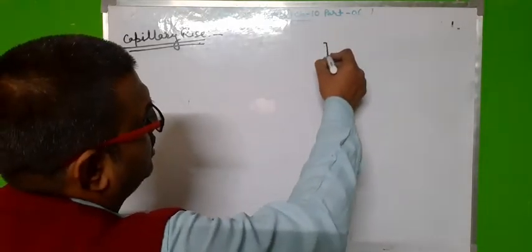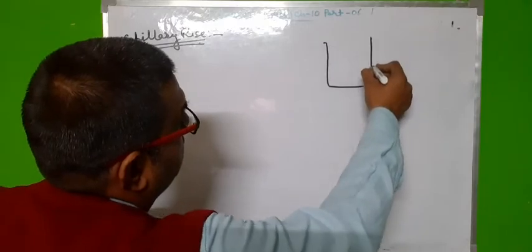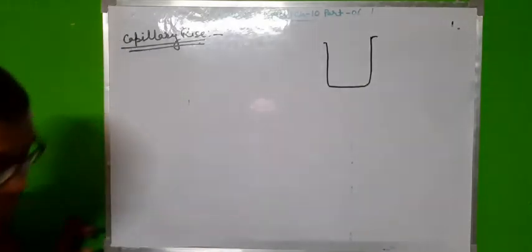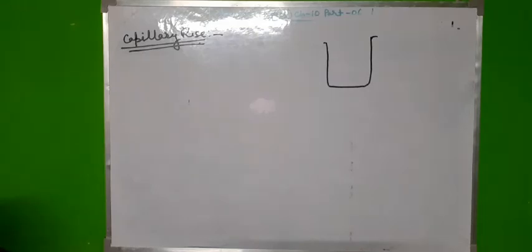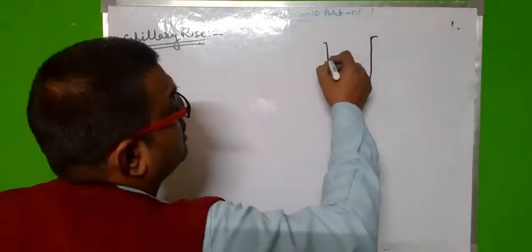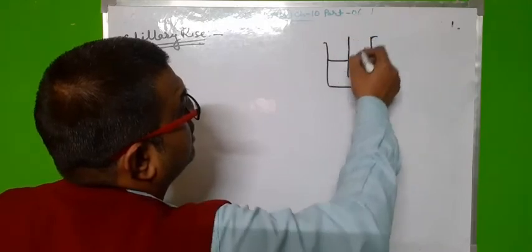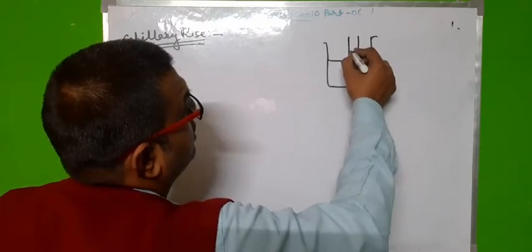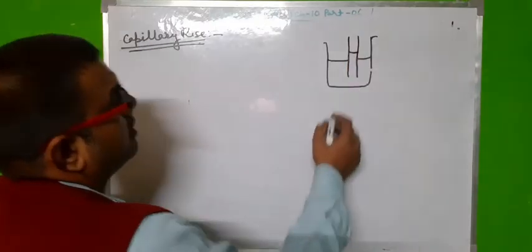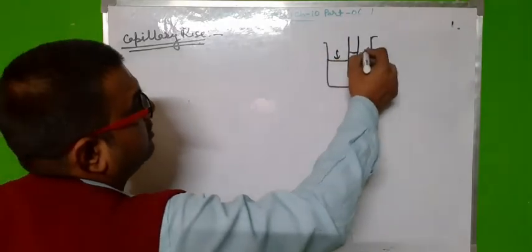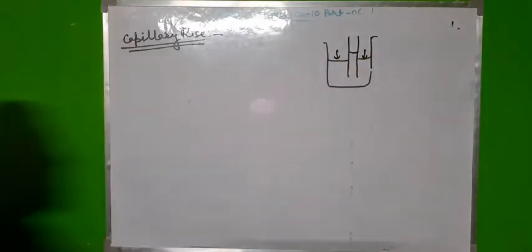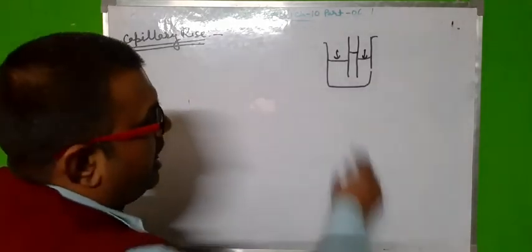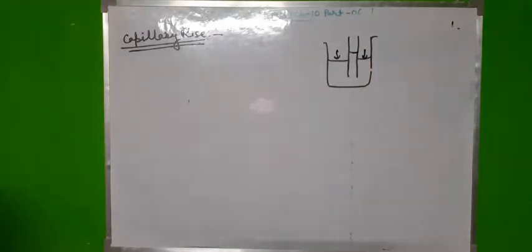For this we have to suppose there is a container and inside that container a liquid is placed. Here we had kept the atmospheric pressure. So dear students, I am drawing a separate diagram for this meniscus, and over that we are doing our calculation.